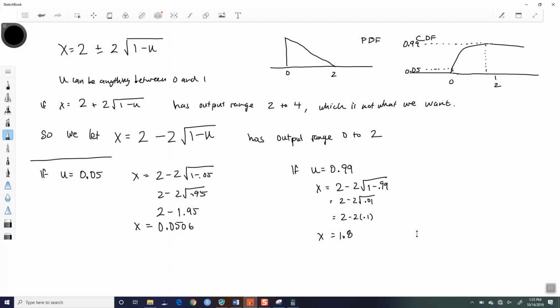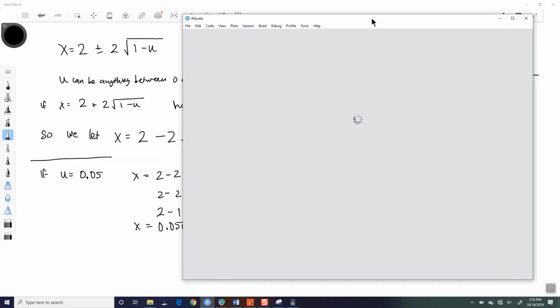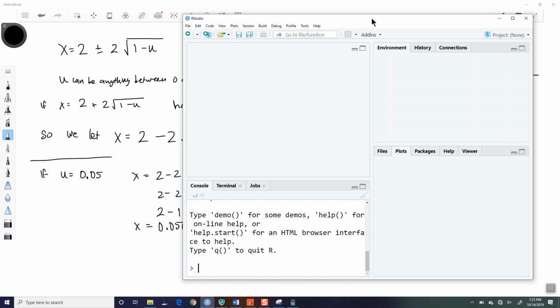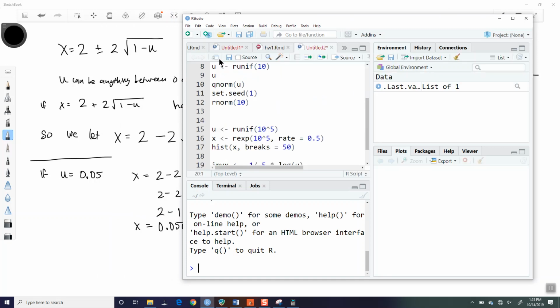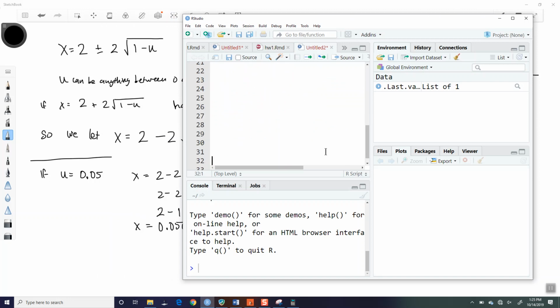All right, and then just to demonstrate that indeed this generates the values that you want according to the PDF that you asked for, I'll just do this very quickly in R. So you will do runif.